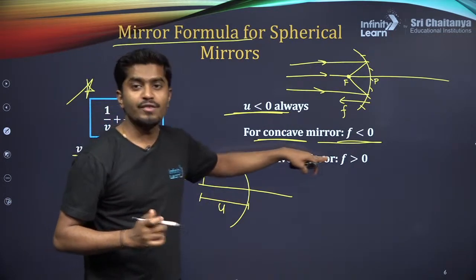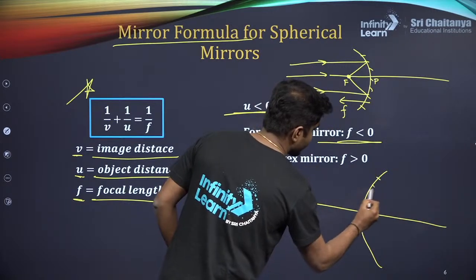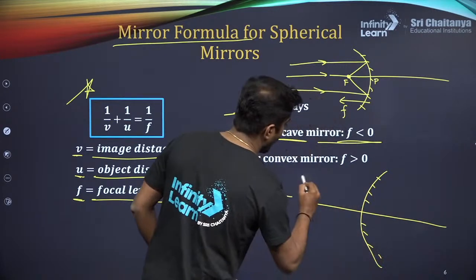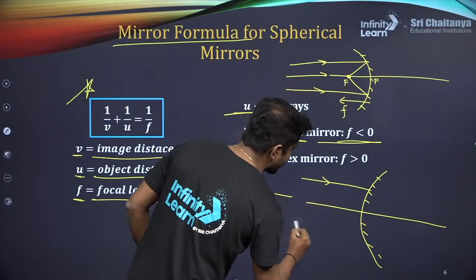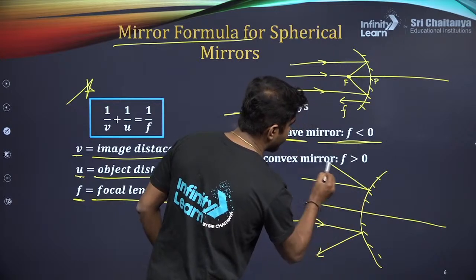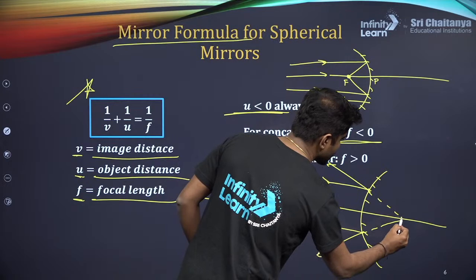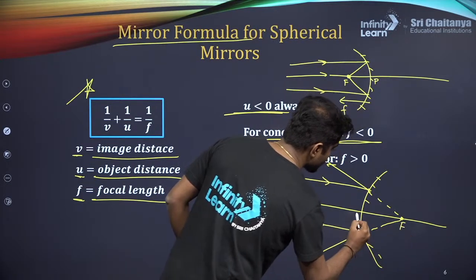And if it is a convex mirror, all the rays which are parallel to the principal axis will diverge something like this, and they appear to diverge from this focus. So there is a pole.